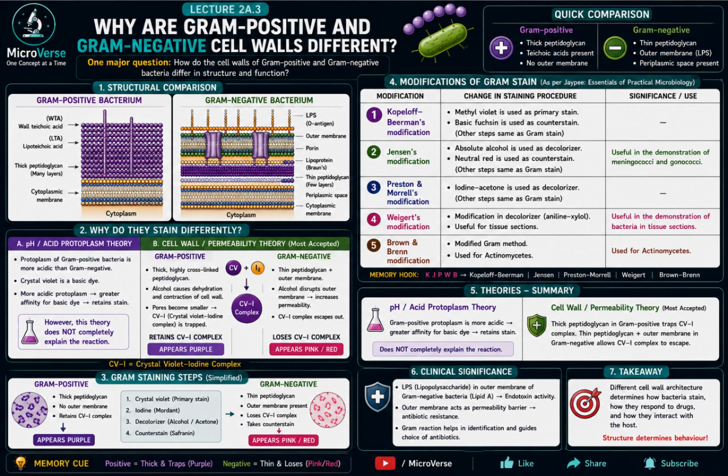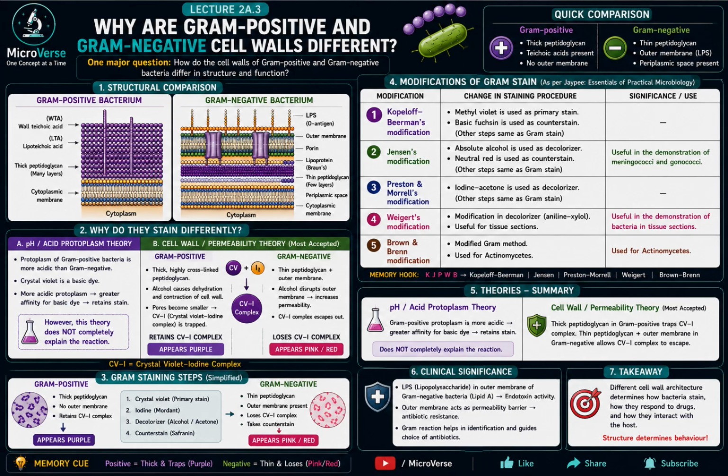So, the central idea is gram positive bacteria retain the crystal violet iodine complex while gram negative bacteria lose it during decolorization. So, the memory trick is positive means thick peptidoglycan, which traps the crystal violet iodine complex and becomes purple. In gram negative, thin peptidoglycan with outer membrane loses the crystal violet iodine complex and appears pink or red.